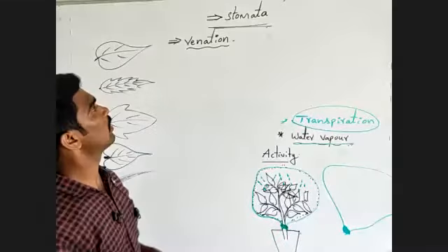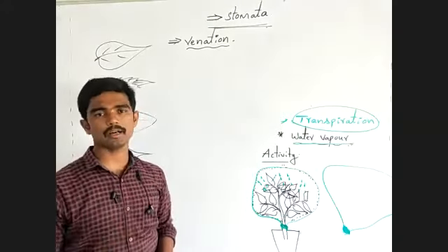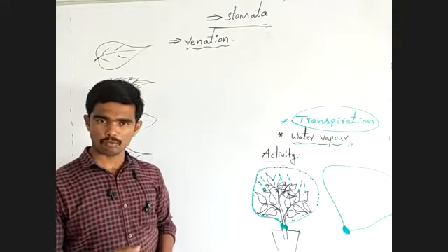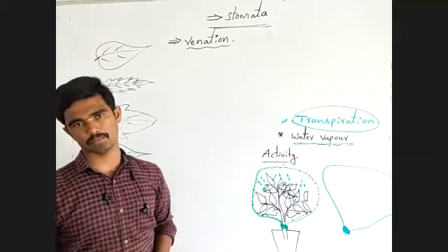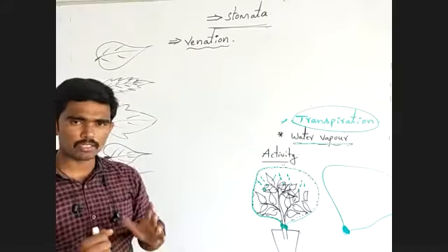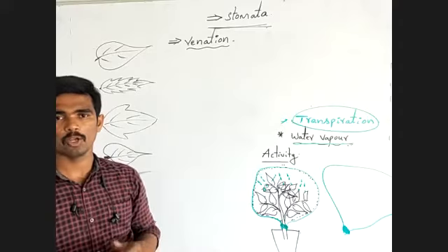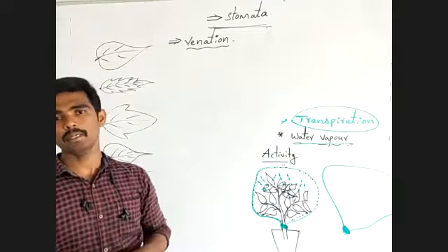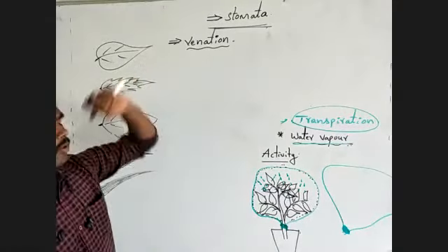Venation means the mode of arrangement of veins, veinlets and midribs in the lamina. Listen carefully. What is venation? Venation means the mode of arrangement of veins, veinlets and midribs in the lamina. This arrangement is called venation.